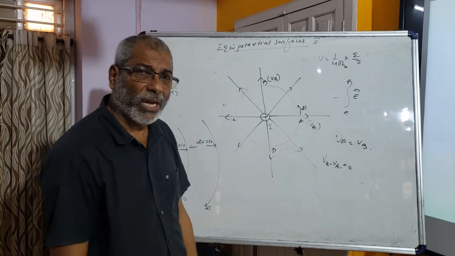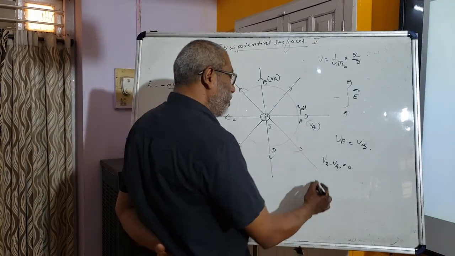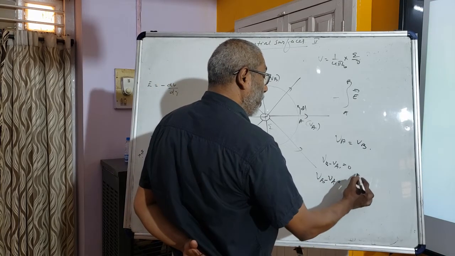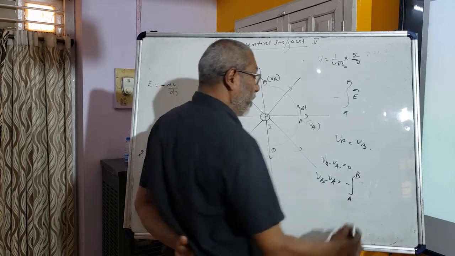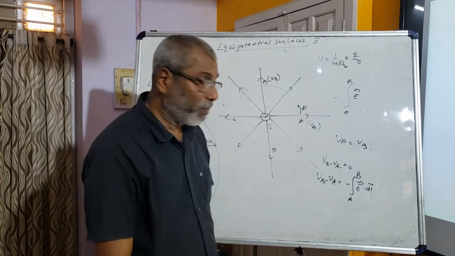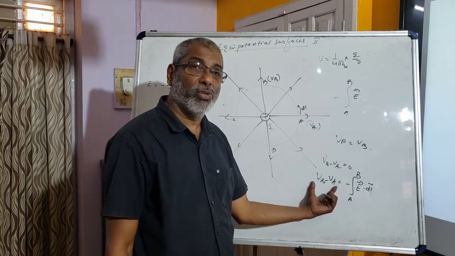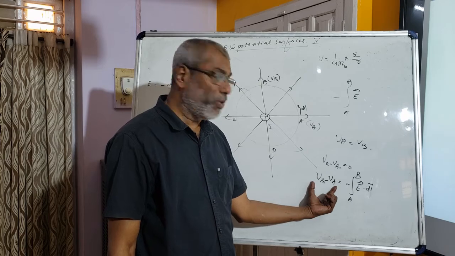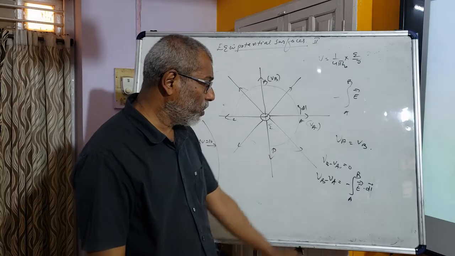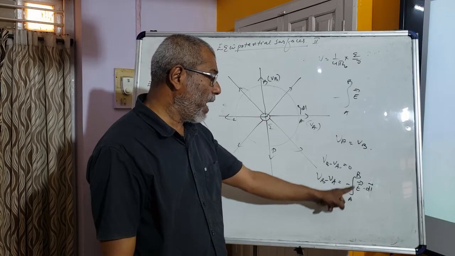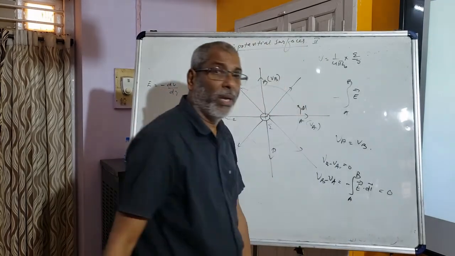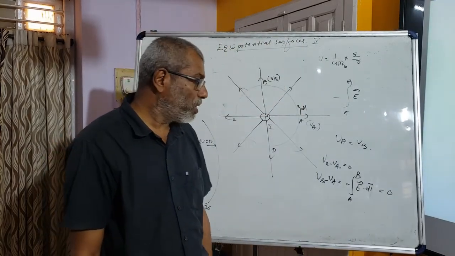But everybody knows that the potential difference VB minus VA is equal to the line integral from A to B of negative E dot dr. This is called the line integral of the electric field, which is equal to the potential difference. So between the two points, B final and A initial, the potential difference is equal to negative line integral A to B of E dot dl. All these are equal to 0 for an equipotential surface.